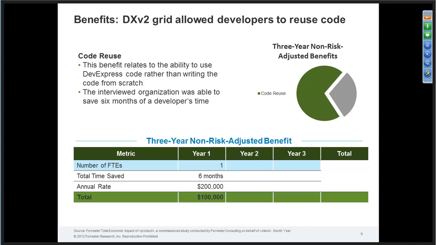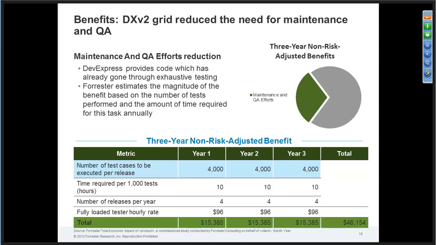Now, the secondary benefit that they got beyond the code reuse was a reduction in the amount of maintenance and QA that they have to do. Their situation was interesting because they did extensively modify the control. They still had some maintenance that they had to perform on the parts that they built on top of the core piece.